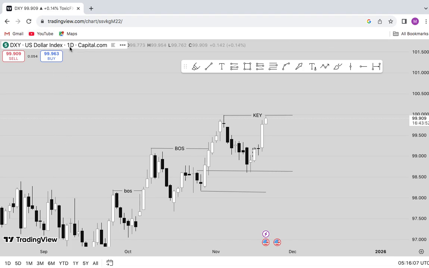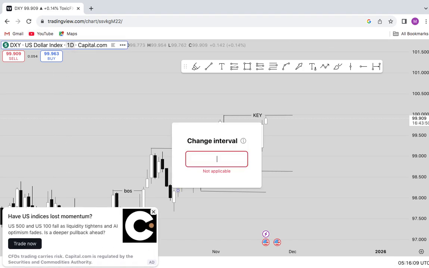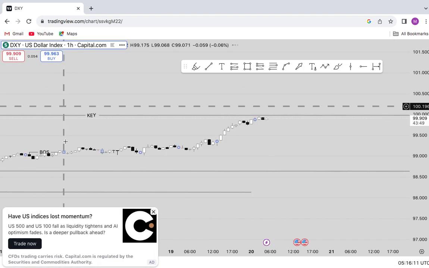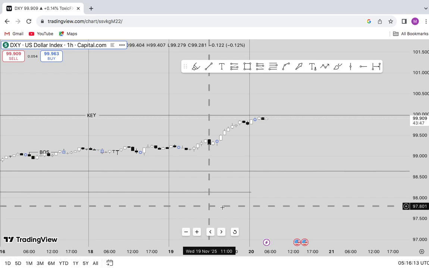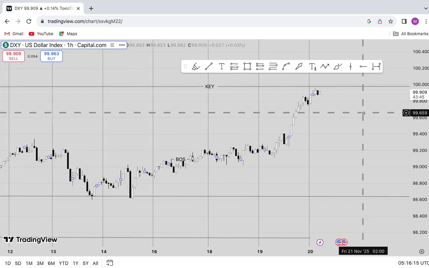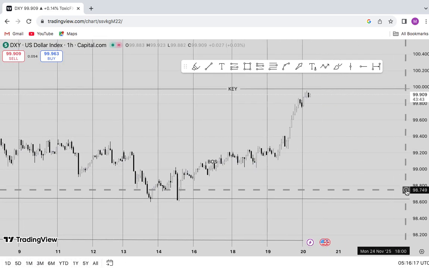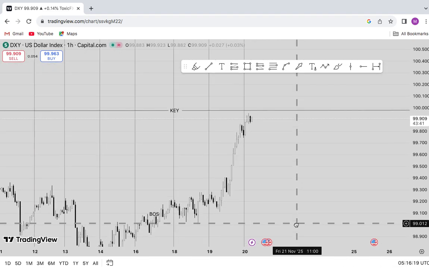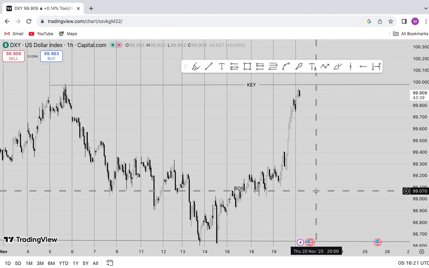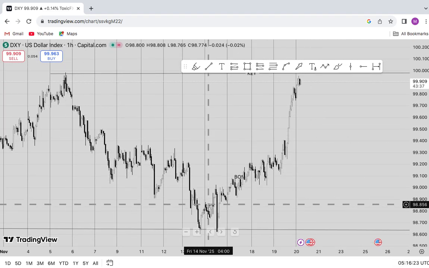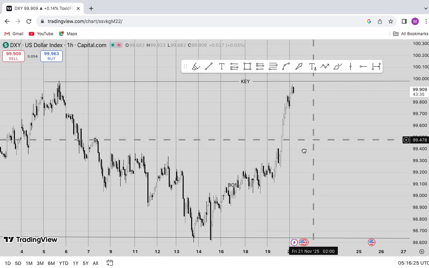So from here I will be heading straight to the hourly time frame. And on the hourly time frame, what am I expecting to see? As you all can see, there was a move, CRT low, and there was an impulse.